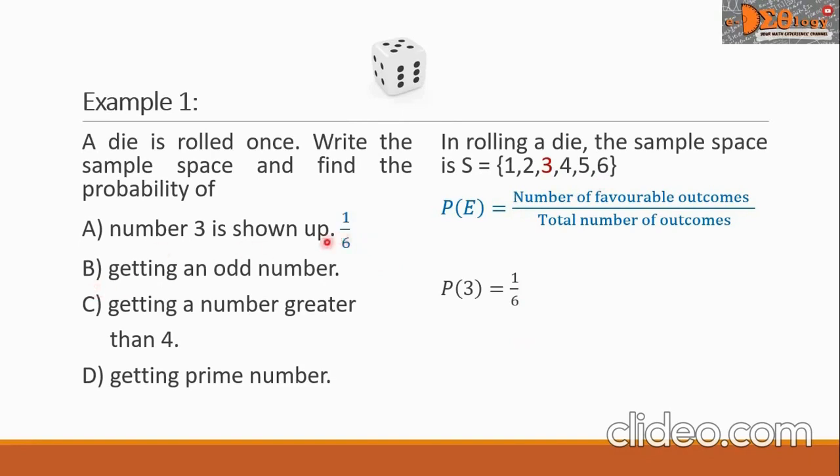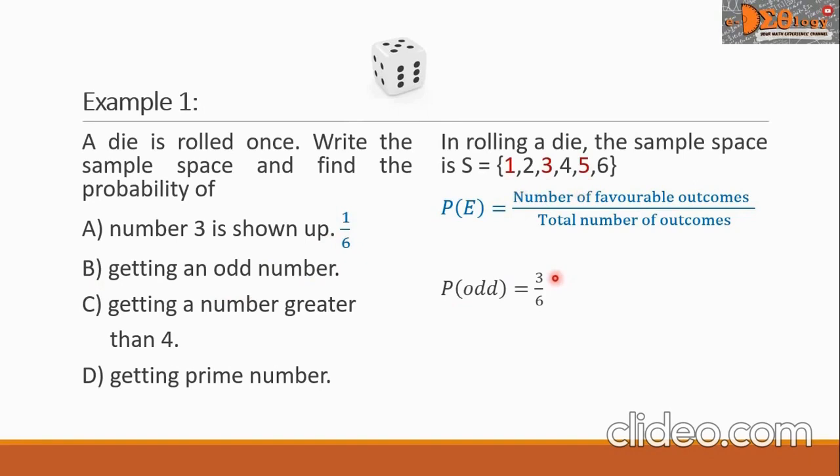Let us go now to problem B. The probability of getting an odd number. So we write P of odd. In our sample space, there are 3 odd numbers, namely 1, 3, and 5.